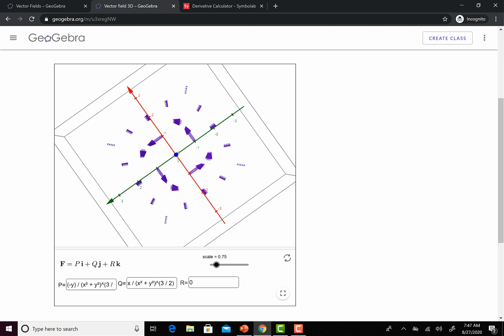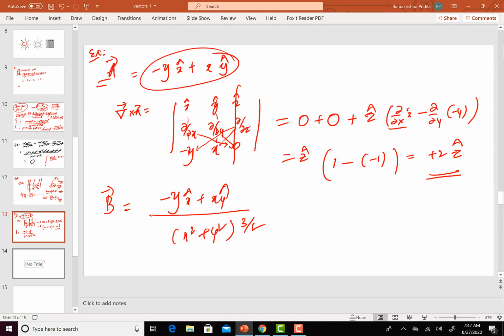So let's compute to see whether there is a curl or not here. So let's do that. Go back to the PowerPoint.